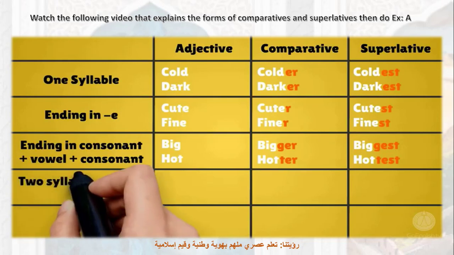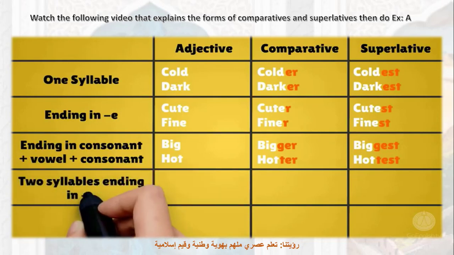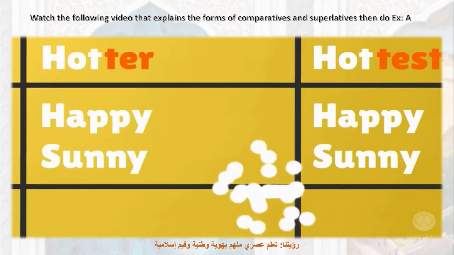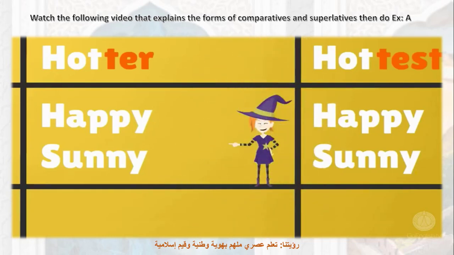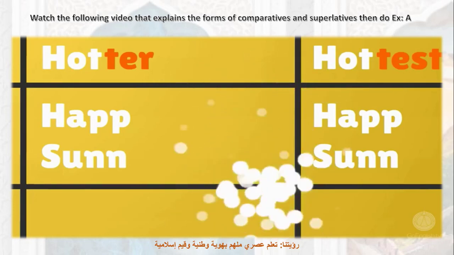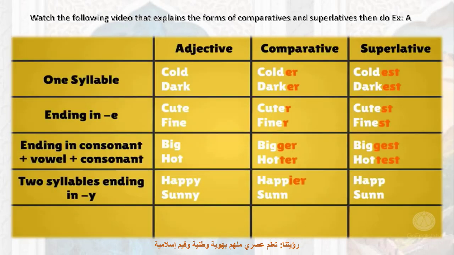Two syllables, ending in Y: happy, sunny; happier, sunnier, happiest, sunniest.